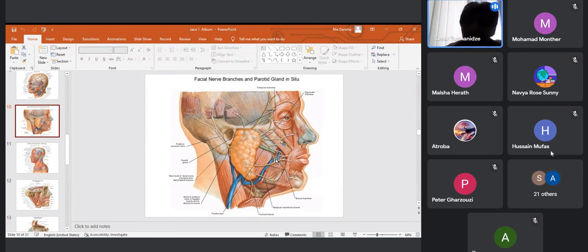teeth. So in the anterior part of the parotid masseteric region, the parotid gland is also located superficially, above the masseter muscle.